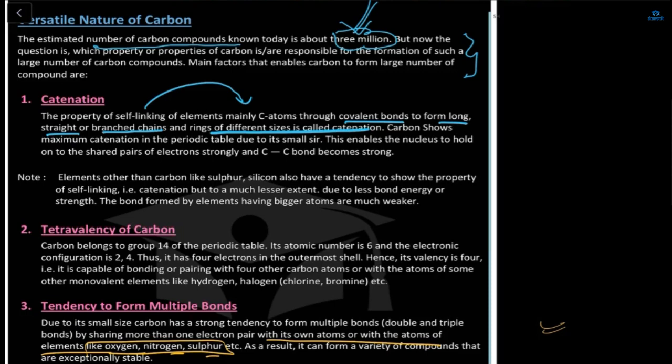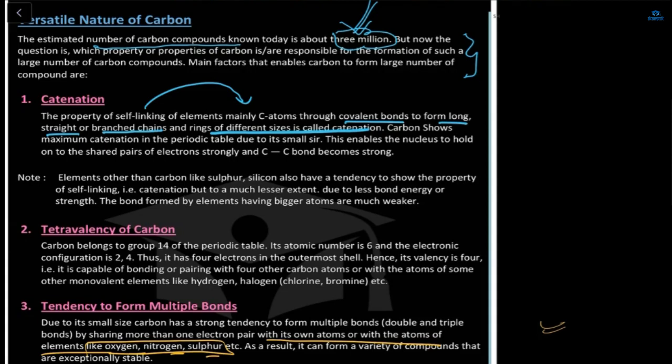Elements other than carbon, for example sulfur and silicon, also have a tendency to show self-linking, but to a much lesser extent.